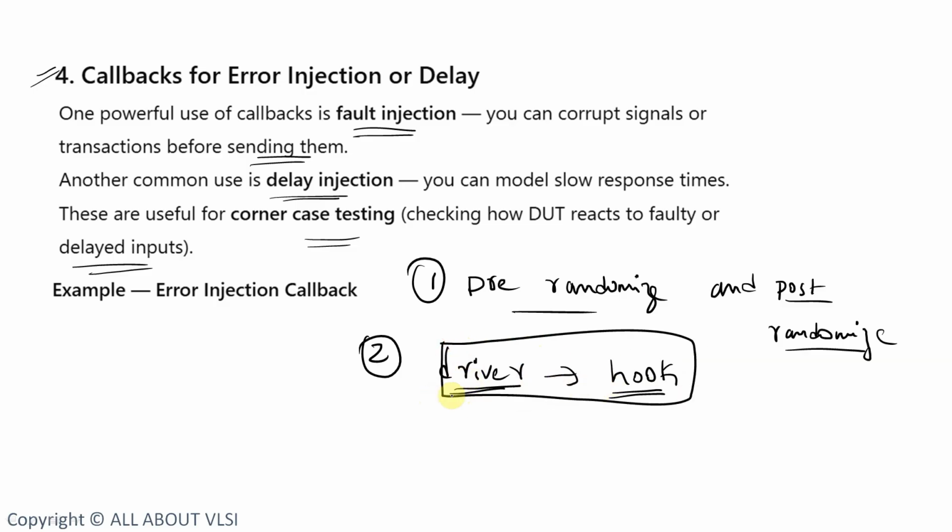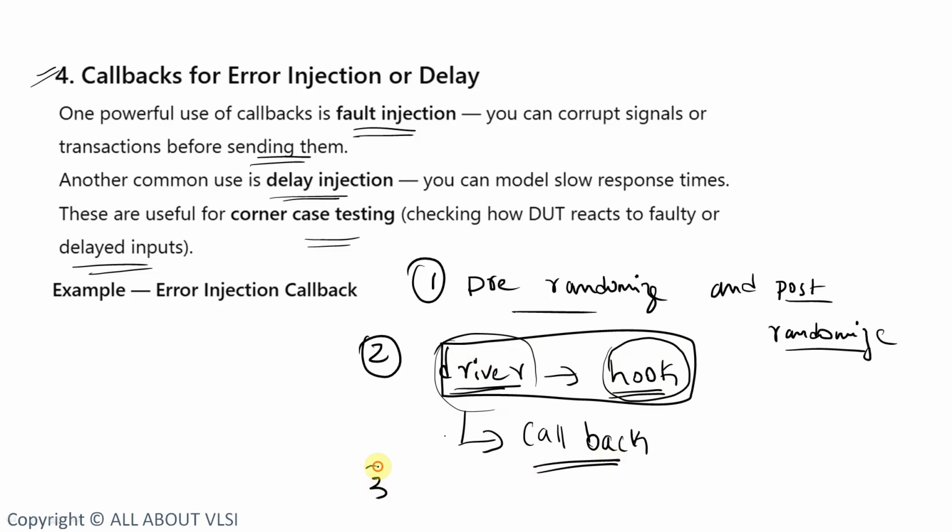If I want to make this driver a delay driver, or make any additional changes inside it without going into the driver and changing its code, using the hook available to me as a user from the test class itself, I can insert the changes inside this driver using this callback.